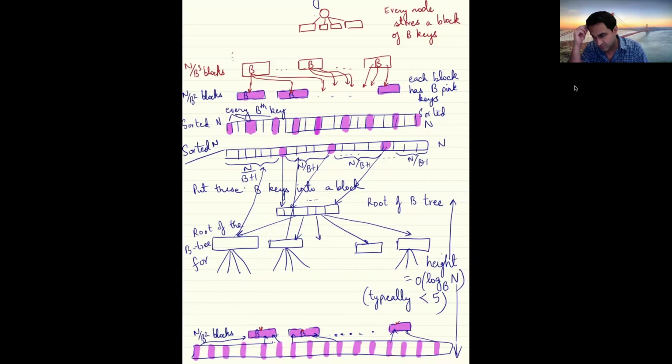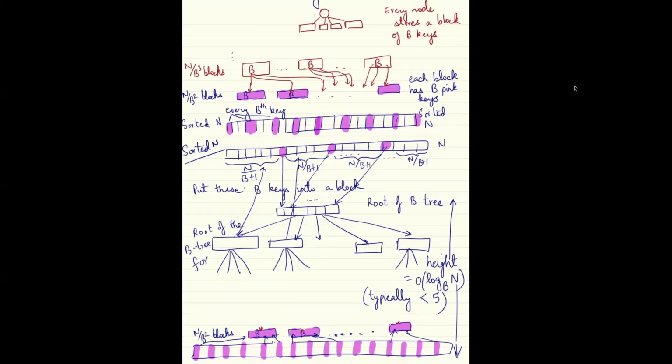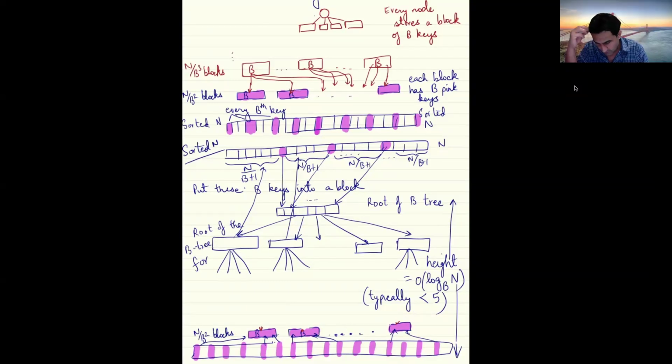So you'll sum these numbers, right? 1 plus b squared plus b cube and so on, up until the last level. What kind of series is this called? That'd be geometric. Right. And so if I have a geometric series, what is a simple way to upper bound it?